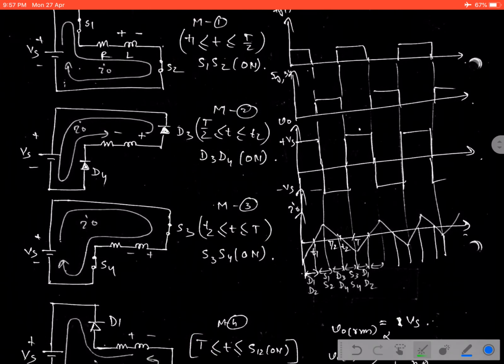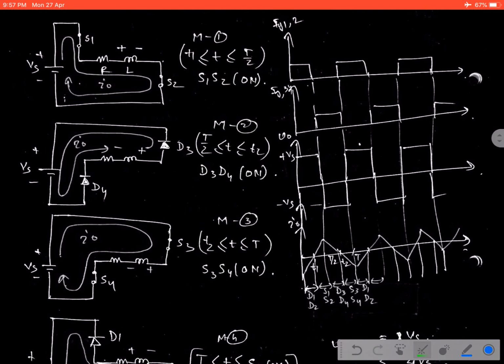Okay, so by considering this mode of operation, when the current starts flowing in this direction and the polarity of the voltage appearing across the load is in this way, then the output voltage is positive, when S1, S2 start conducting. In the next case, when S2, S3 start conducting, the current direction is now opposite, and the voltage appearing across the load is reversed in polarity.